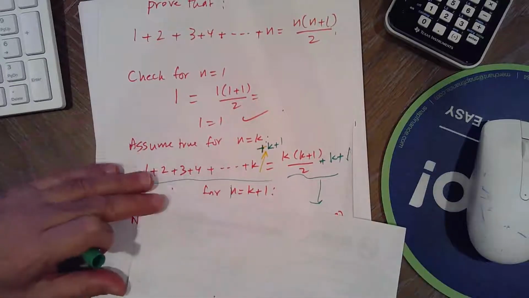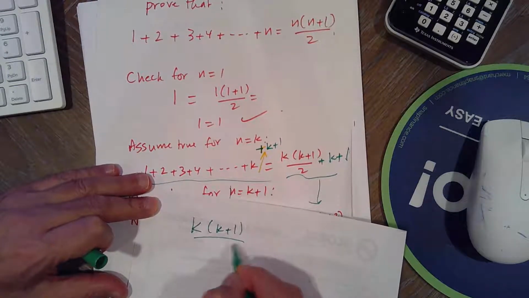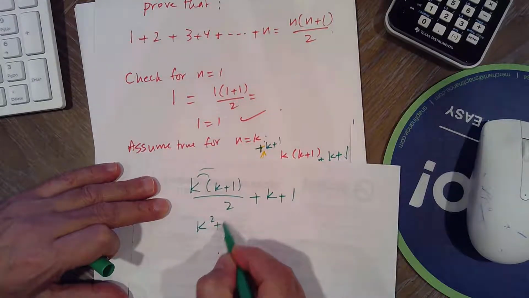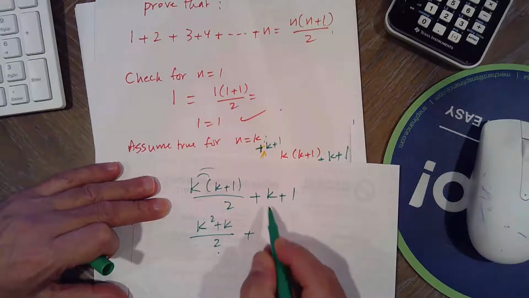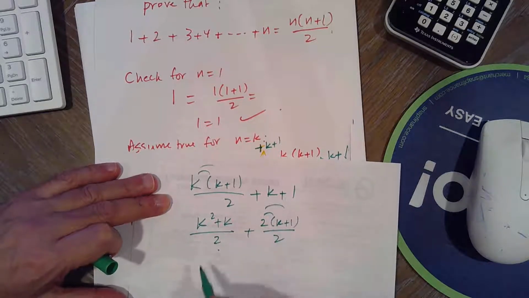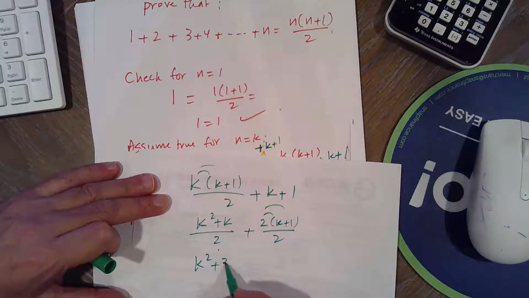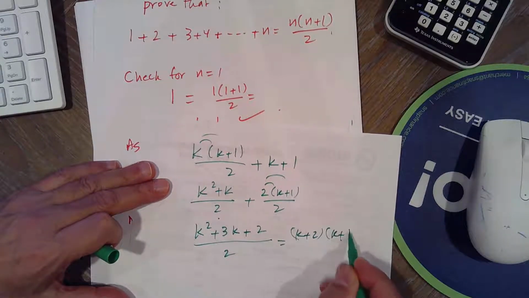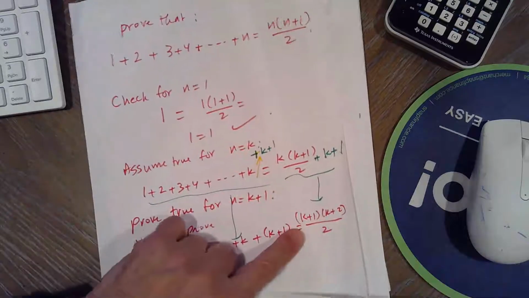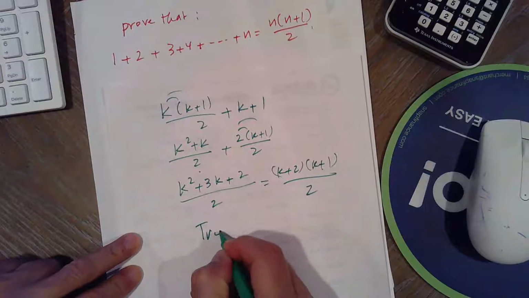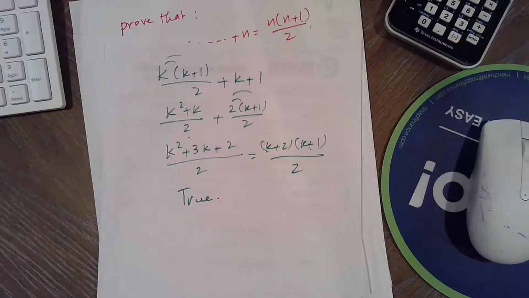If we work on k times k plus 1 over 2 plus k plus 1, that's k squared plus k over 2 plus k plus 1, which is actually 2 times k plus 1 over 2, which is k squared plus k plus 2k plus 2 over 2, which is k plus 2 times k plus 1 over 2, which equals that. So we have shown that this is true. Okay, that's by mathematical induction.